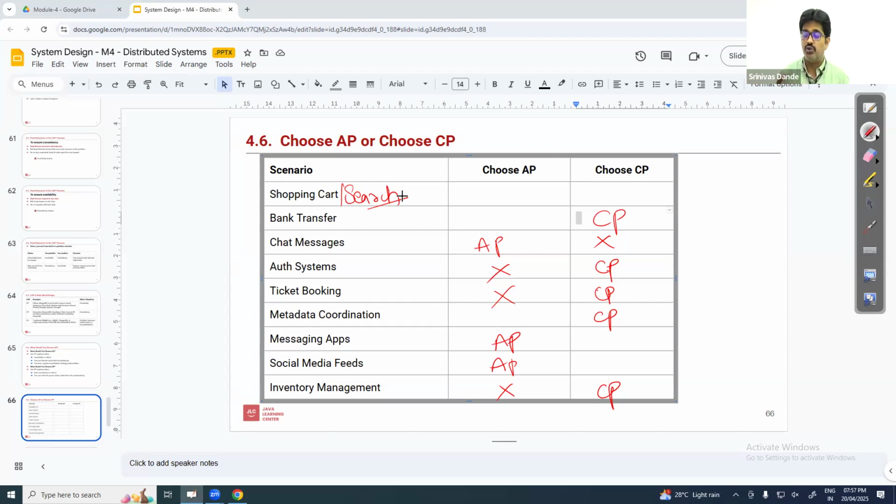So shopping cart and searching should be highly available. You are searching for a product. If I show the wrong price, or display a product which is not available in stock, what is the problem? No problem.